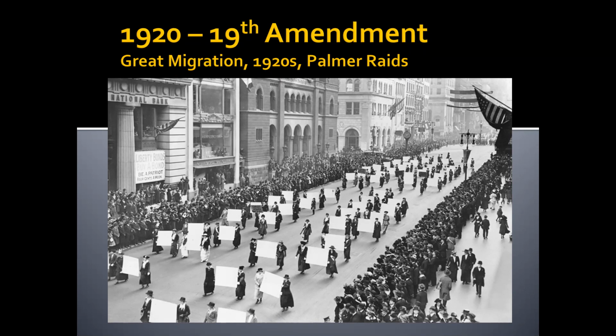Another example of this duality is in the Great Migration. In the Great Migration, we see a large influx of African Americans from the South moving into the northern cities to get jobs. African Americans feel liberated and like they're removing themselves from the Jim Crow South, where they are no longer being lynched. They are safer in the North. But when they arrive in the North, they see that they are still being discriminated against, just in different ways.